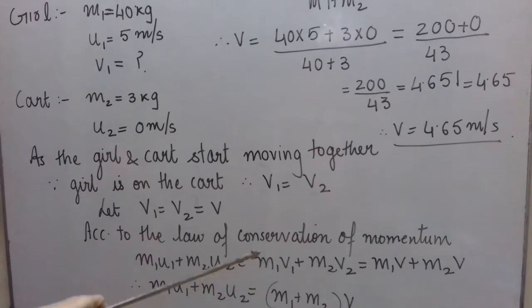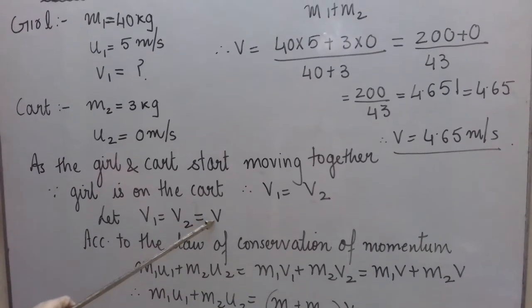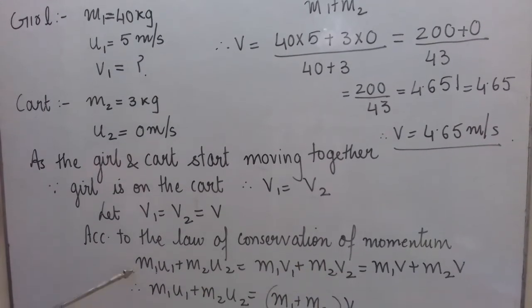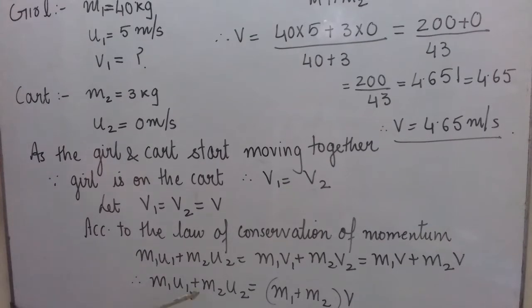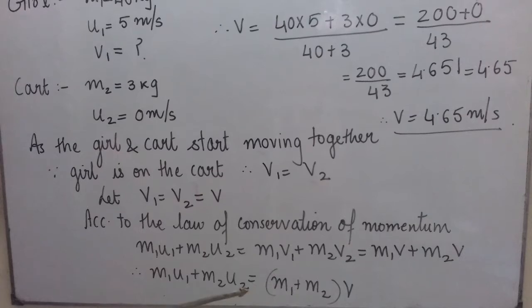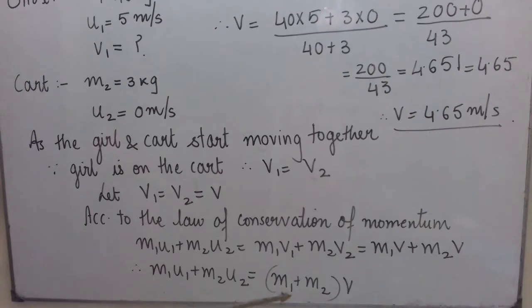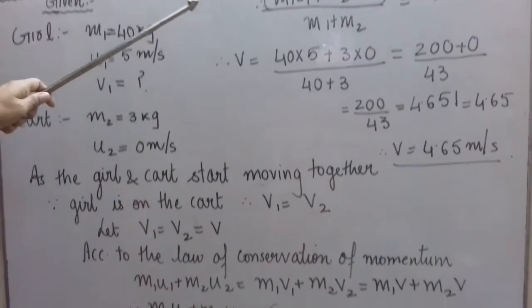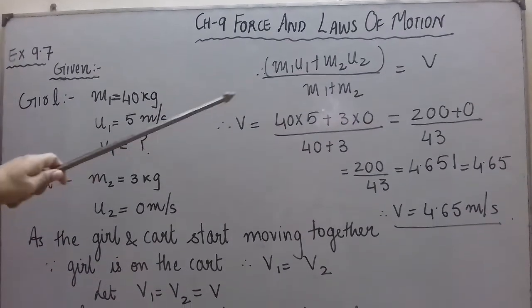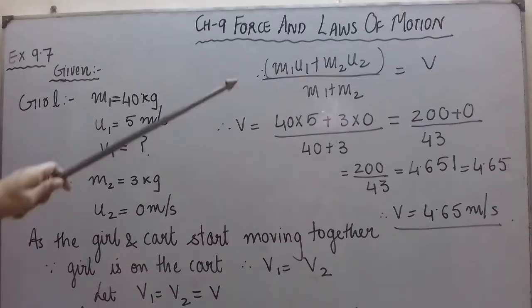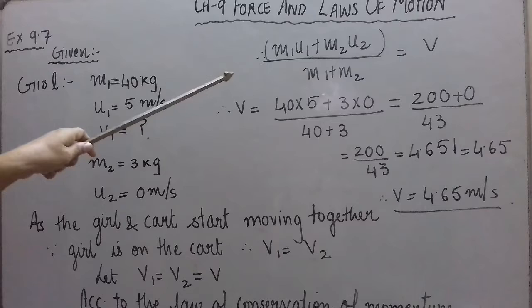Now on the right hand side, we put v1 equal to v2 equal to v, so this is equal to m1 v plus m2 v. Finally we can write it as m1 u1 plus m2 u2 is equal to, taking v common, (m1 plus m2) into v. Now we want to find v, so v is equal to m1 u1 plus m2 u2 divided by m1 plus m2, as I have written here.